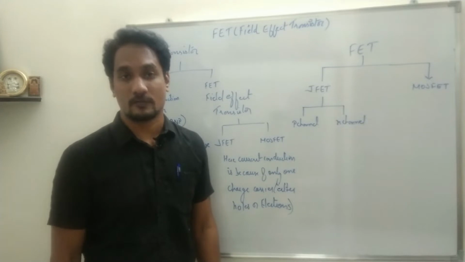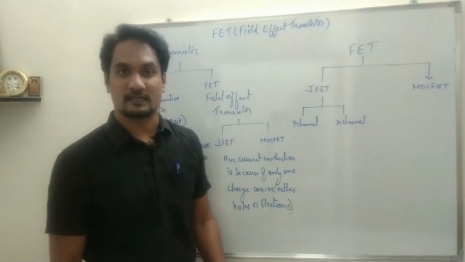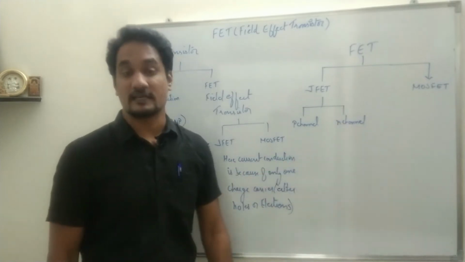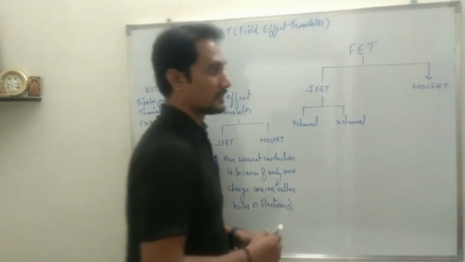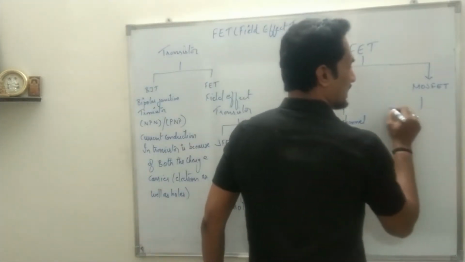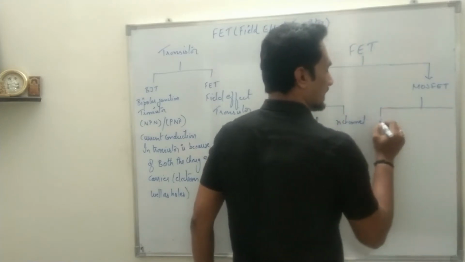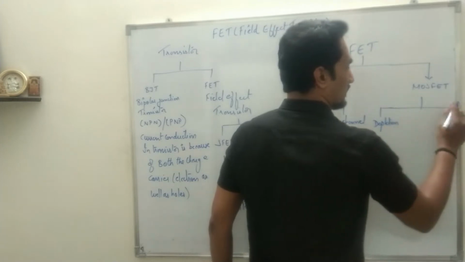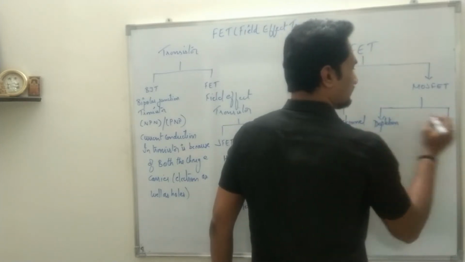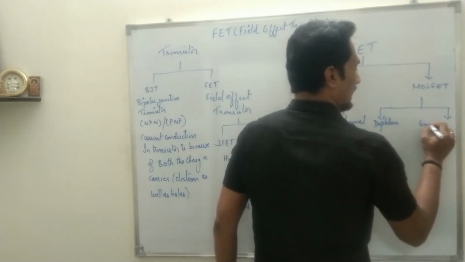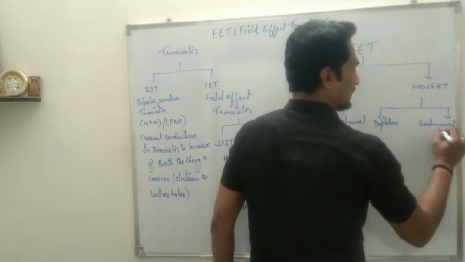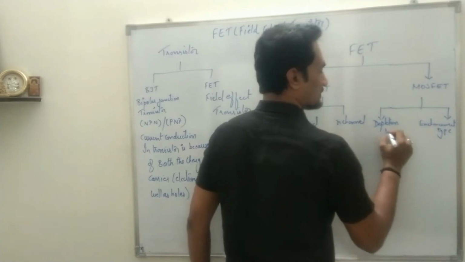CMOS stands for complementary metal oxide semiconductor. So the basic transistor which was used there, we will try to understand its construction and working over here. MOSFETs again are of two types: depletion type and enhancement type.